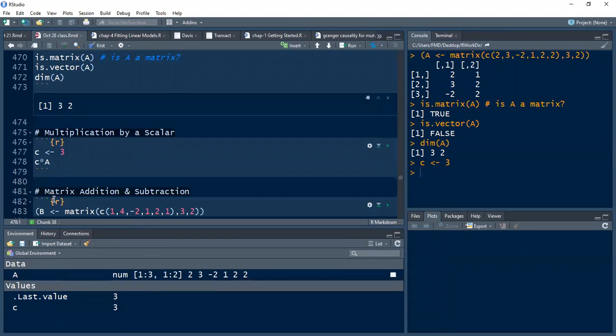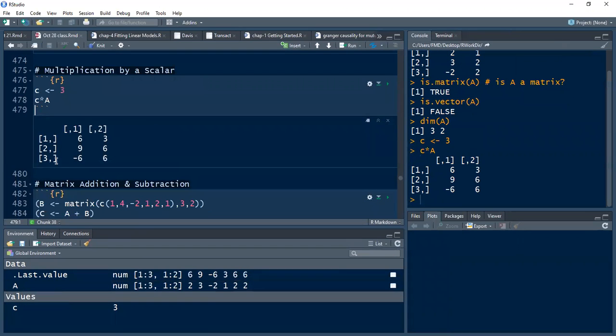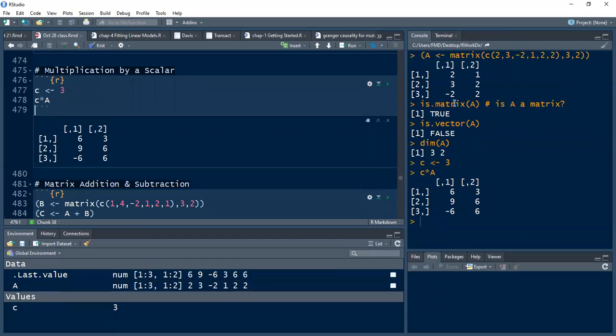Can we multiply c times A? Let's see. So what happened here? Notice that we multiplied each of the elements of our matrix A by 3. Hence, the resulting matrix c times A is where each of the elements are multiplied by 3.